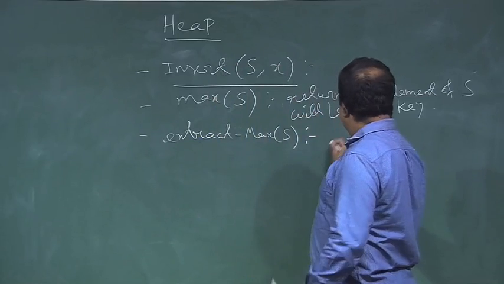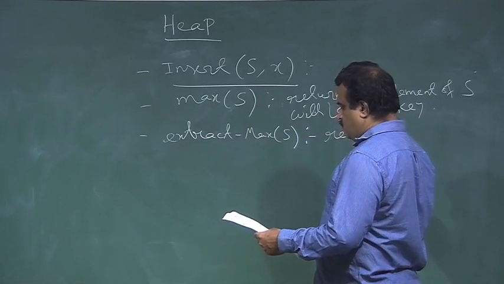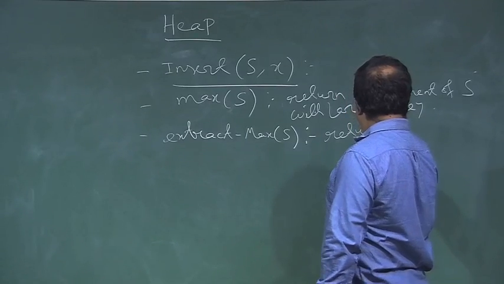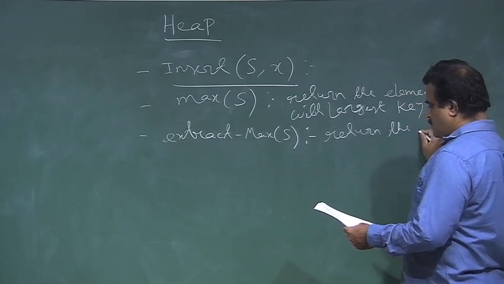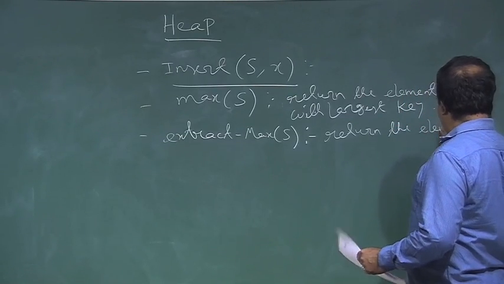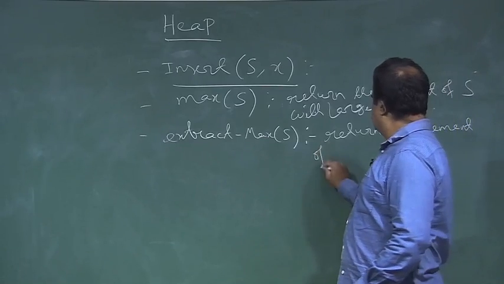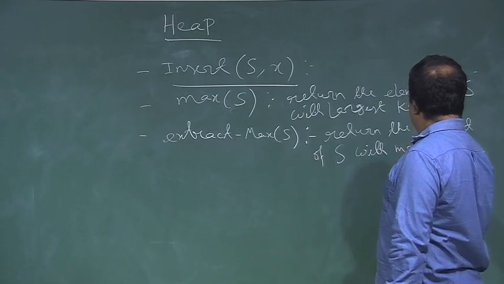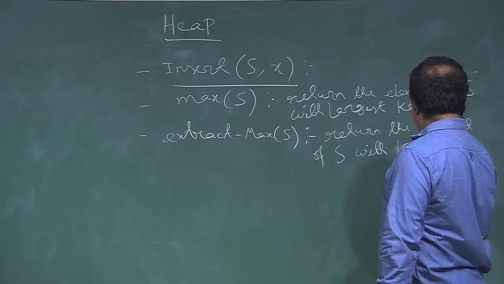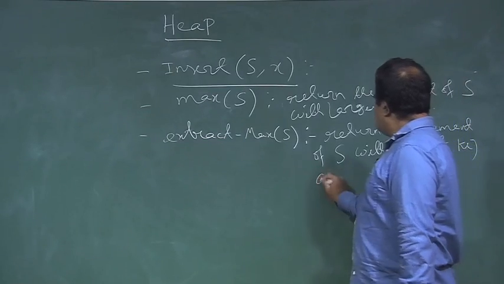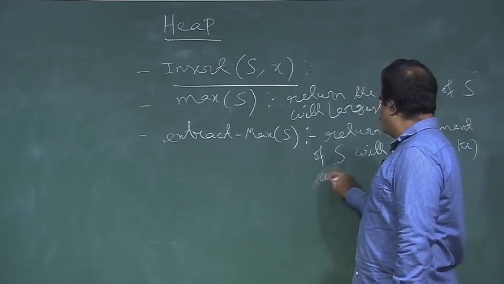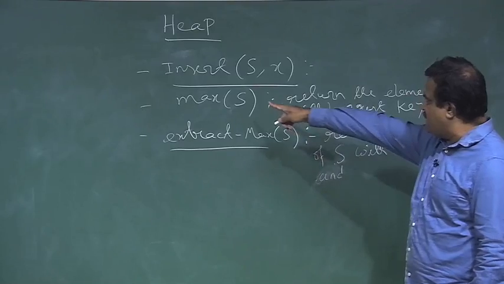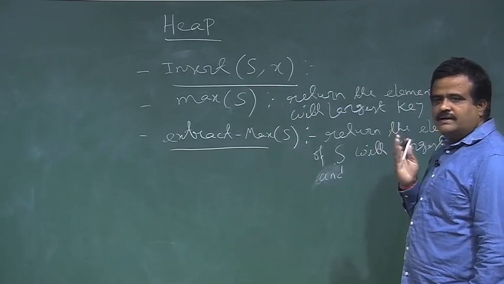It is telling us we should return the maximum and delete it from the queue, delete it from S. We should return the element of S with the maximum key, with the largest key value, and remove it from S. That is also important. So, extract max means we are extracting the maximum element, that is the max of S, and we should be able to remove that element from S.